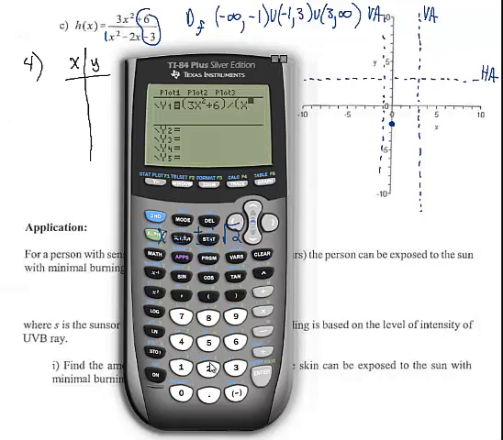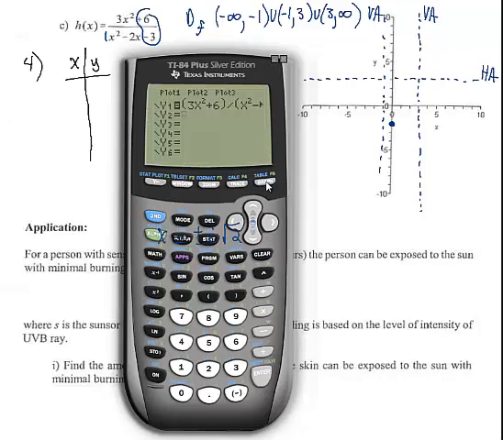X squared on the bottom minus 2x, and then we have a minus 3, enter.